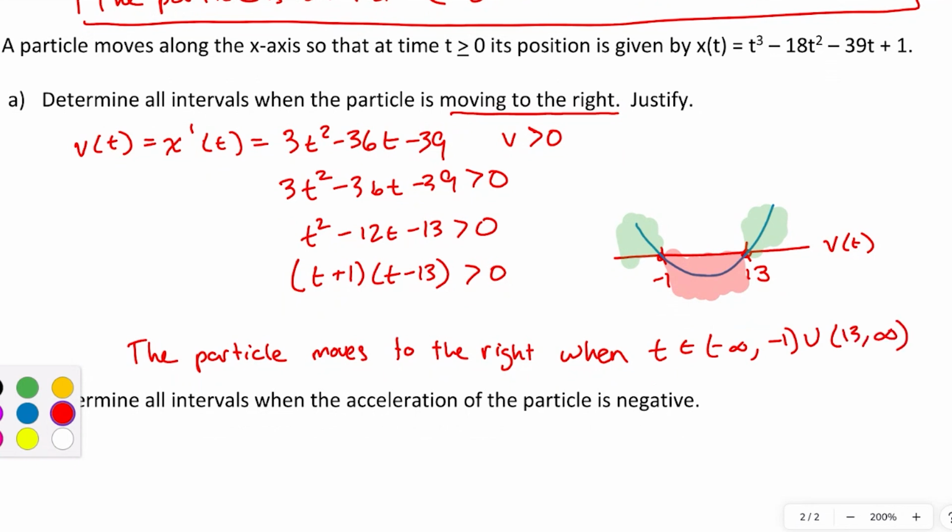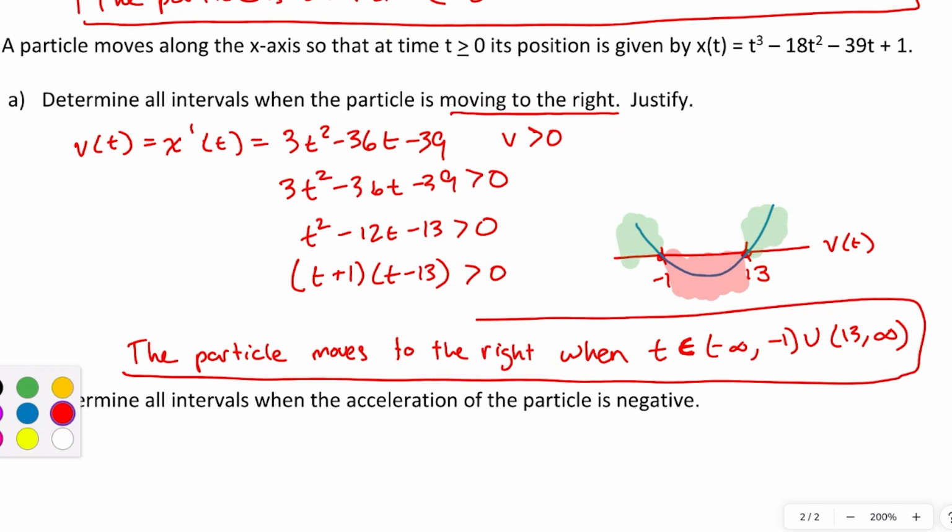You could also use inequality symbols and just say t is less than -1 and t is greater than 13. That's fine too. But I'm going to use this set notation. This is a little lowercase epsilon symbol, by the way. It's almost like a little e, sort of.